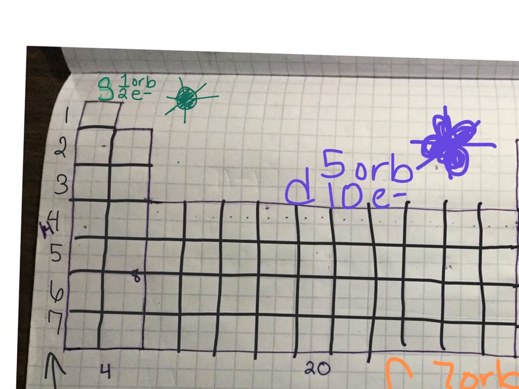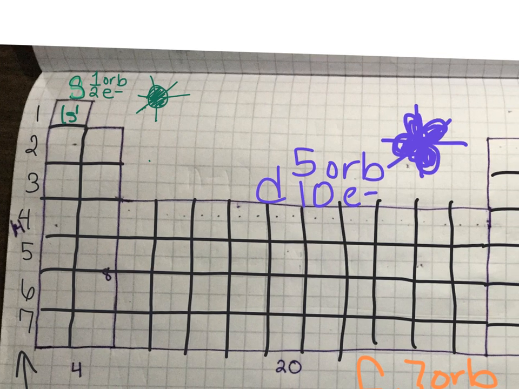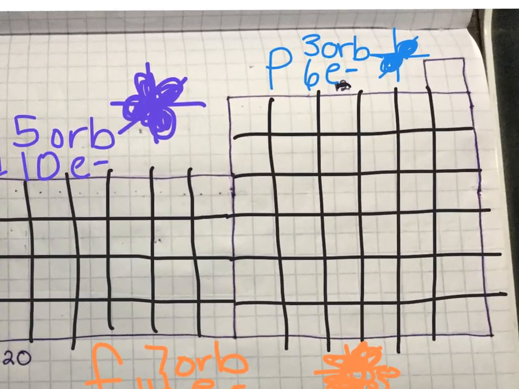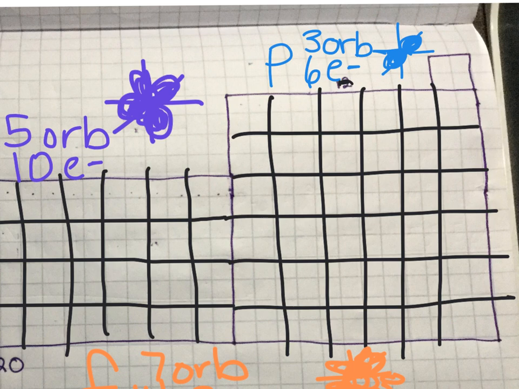What are we starting with? What goes in this first box? Not those, for electron configuration. We're writing the electron configuration of the periodic table. 1s1, right? Okay, so we're at 1s1. Okay. Then we look over here. 1s2.